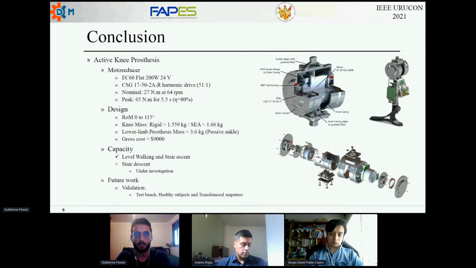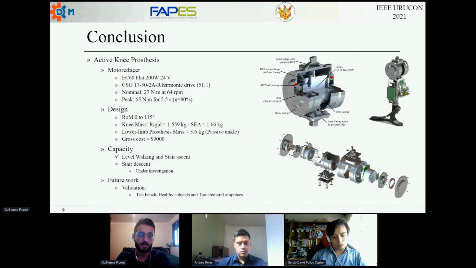And also we estimate that the prosthesis with the passive ankle should weigh 3.6 kilograms, which is an adequate value compared to a healthy leg mass, and it can help the prosthesis user in all 3 activities, although it requires greater care to descend stairs until now, while we are investigating the situation of the hyperflexion of the knee.